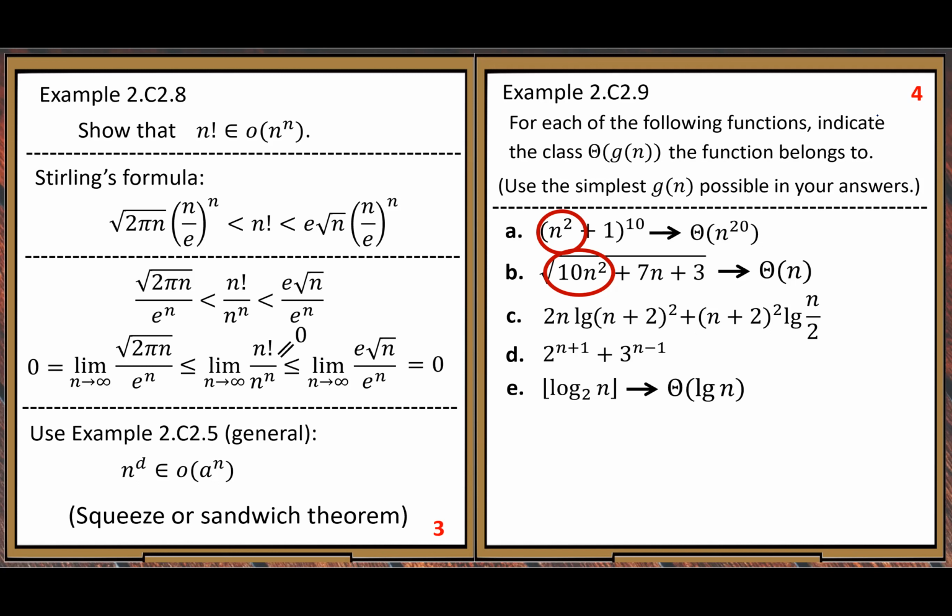All right, E. Because it's simple, I jump to E first. Floor function: we know the difference between the floor function and the original function is just less than 1. That term is too little, so we can ignore it. That means you can remove the floor function to make it look simpler.